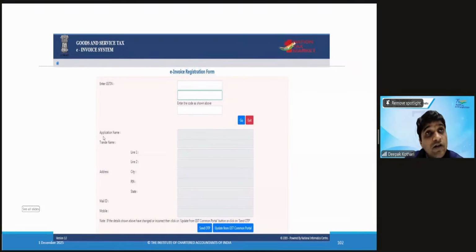So that later on, deleting an invoice can't happen. In your system, if you delete it, it will still be there on the e-invoicing portal. That's the reason any fraudulent transaction will get stopped. That was the main objective of bringing e-invoicing into the system.